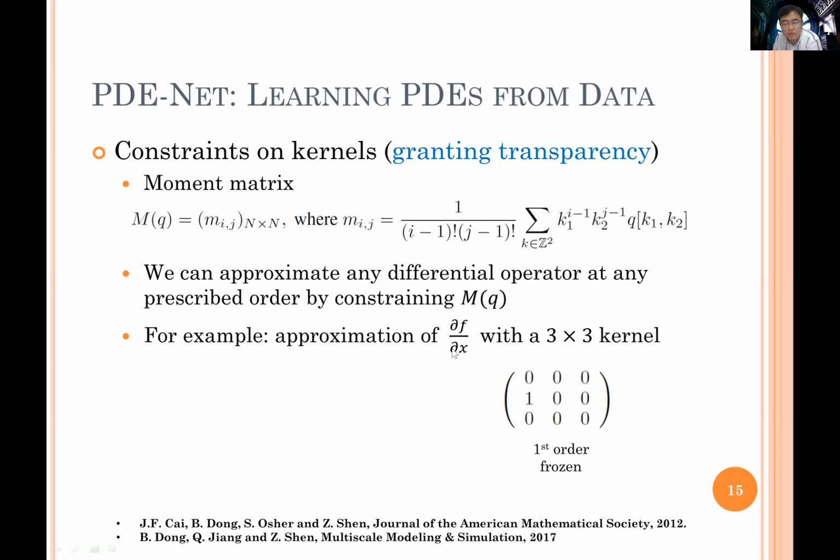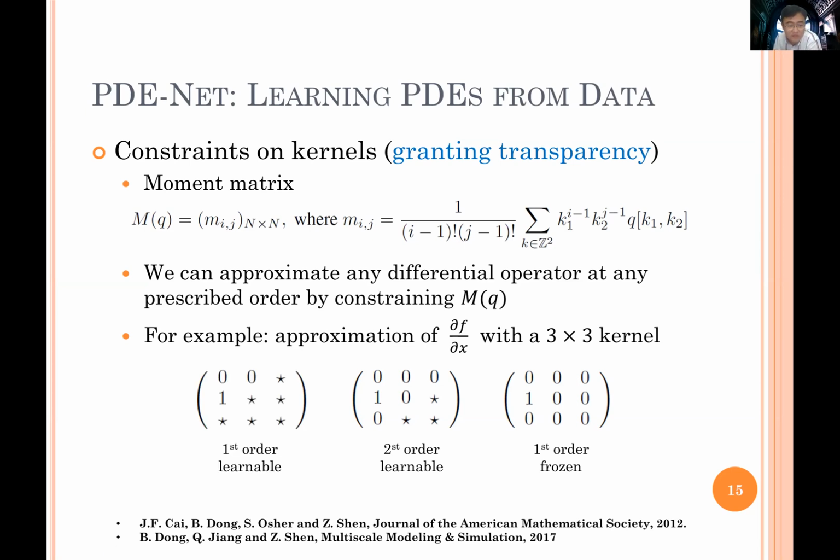For example, if you want to approximate partial x, this will be the constraint that you put on the moment matrix M. And if you want the filters to be learnable, we found that this is particularly helpful for inverse problems. You can let go of these constraints, you only constrain part of the moment matrix, and you can increase the degree of freedom.